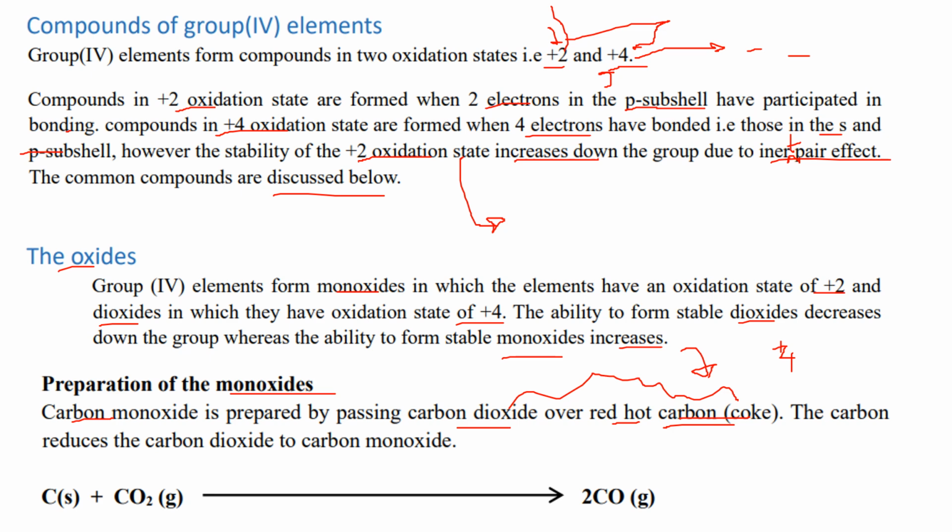Carbon reduces carbon dioxide to carbon monoxide. We say reducing because carbon here is in the +4 oxidation state, and here it is in the +2 oxidation state. Such a reaction is called a reduction reaction. So carbon reacts with carbon dioxide to give carbon monoxide, and it's a reduction reaction.